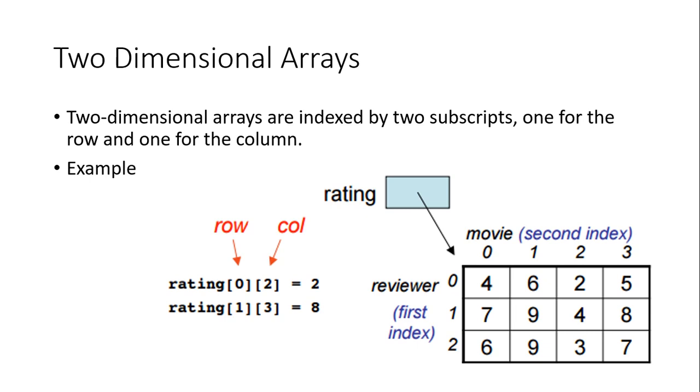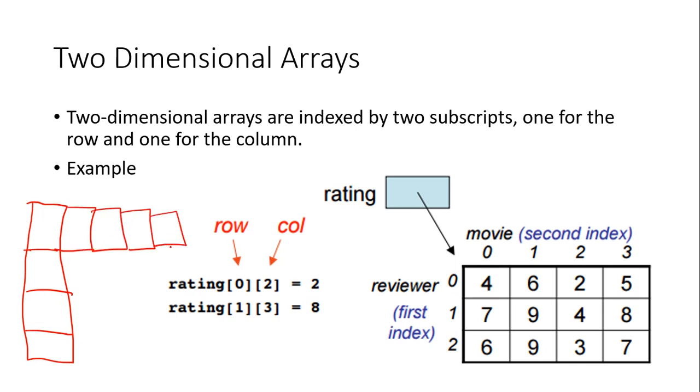Now, ultimately, a two-dimensional array is basically an array of arrays. Let me explain that again. You have an array that has so many spots in it, and inside each of those spots you are adding an array.